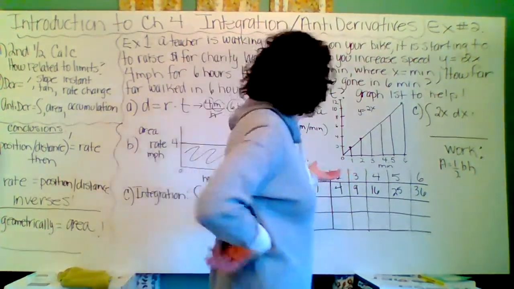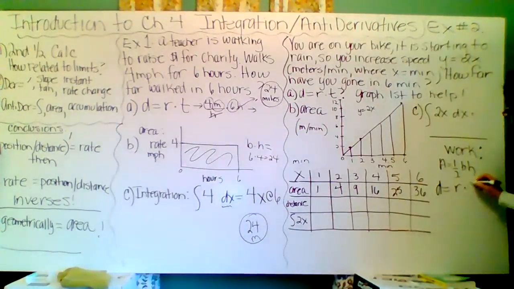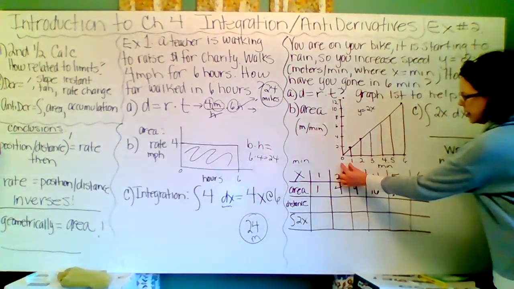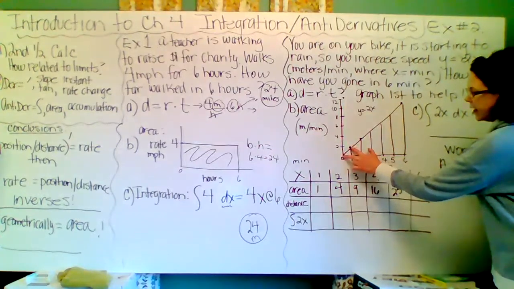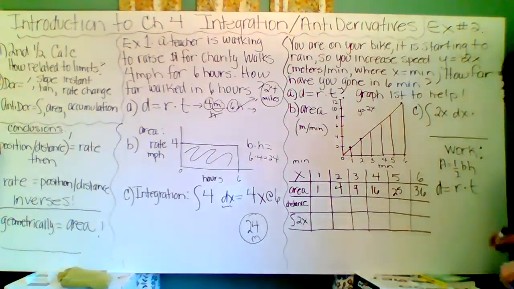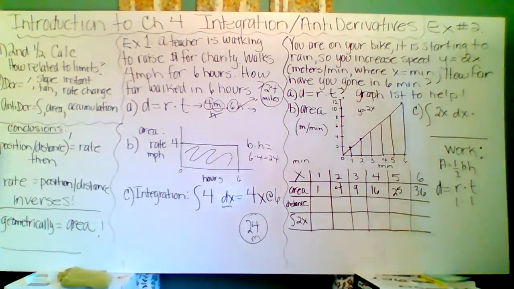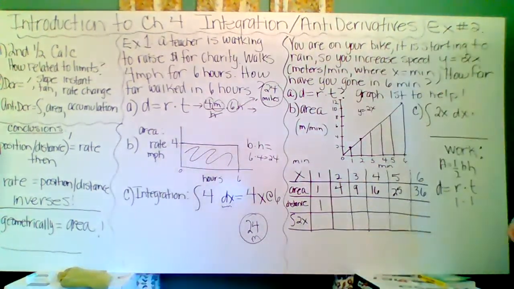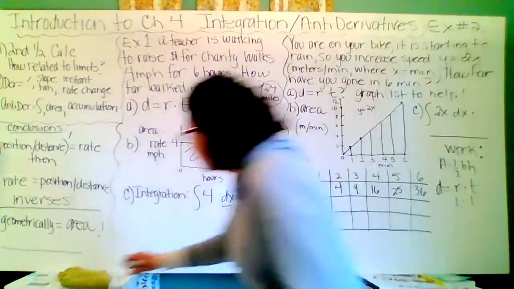So let's do distance equals rate times time now that I can see what's going on. So for the first minute, I was going 0 at the beginning, 2 meters per minute at the end. That average is 1. I was going 1 meter per minute for 1 minute. 1 times 1, I think my distance was 1 meter. Okay, not very fast at all.